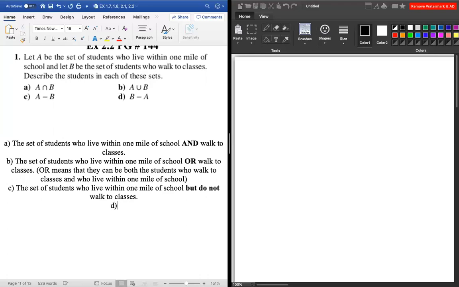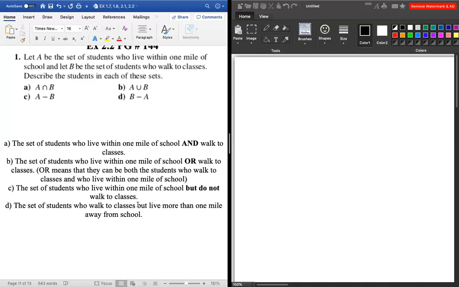Let's take the last example. So the D is B difference A. Now here we have reversed the order as in the C part, but here you will see that unlike the other rules, here the order matters. So here we will say the set of students who walk to classes but live more than 1 mile away from school.